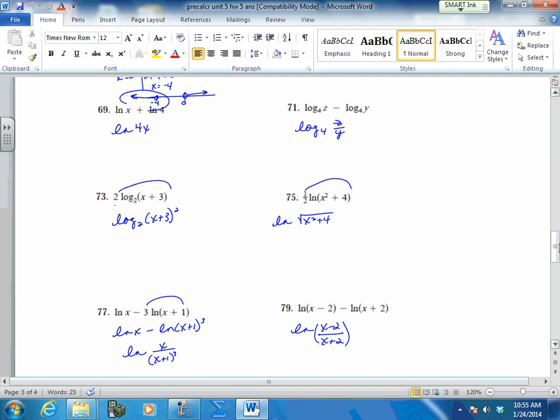For 77, why? When do you know to put the three, because of this. This has to say ln. If it's ln, I can pull it out. Right? Because it's ln.